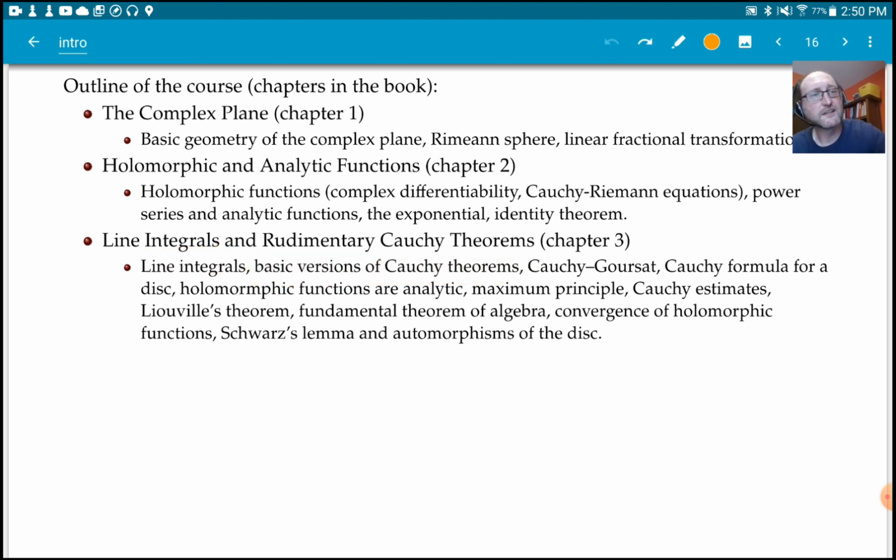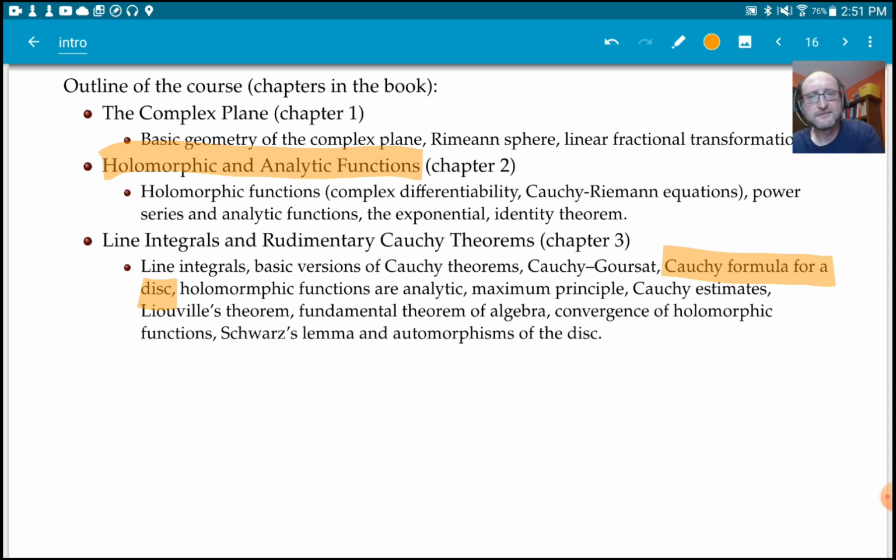We're going to get from this a formula for a holomorphic function in terms of values on the boundary, which should really be surprising. And once we have this formula, then we can actually prove that holomorphic and analytic functions are the same.